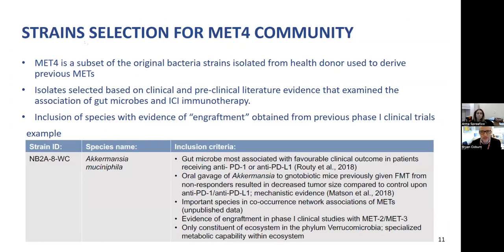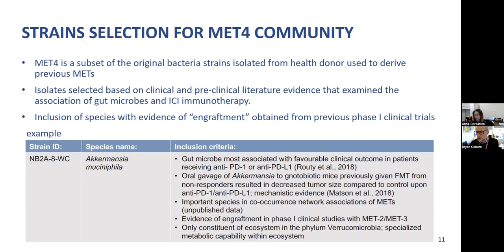The way that MET4 was designed, it has two main compositional aims. One is to represent taxa or species or strains isolated from healthy human donors that are associated with immunotherapy response, but also to satisfy ecological interdependencies of species. So organisms, just like a macro ecosystem, live together. They don't tend to survive individually in complex ecosystems.